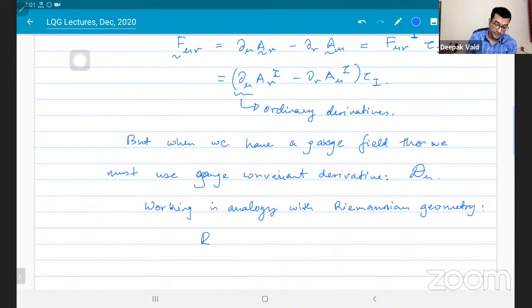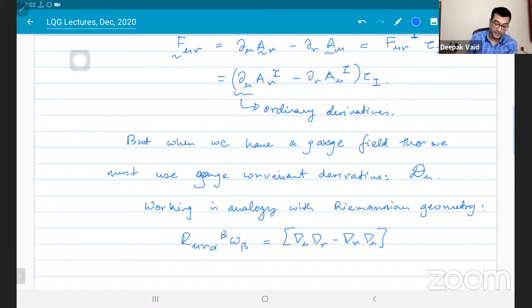So, well, in Riemannian geometry, I would define this Riemann tensor in terms of its action on some object omega, which in this case is a one form.